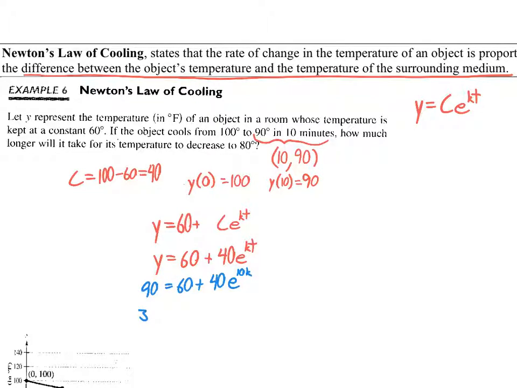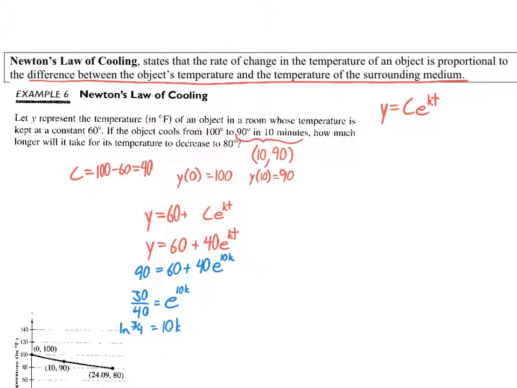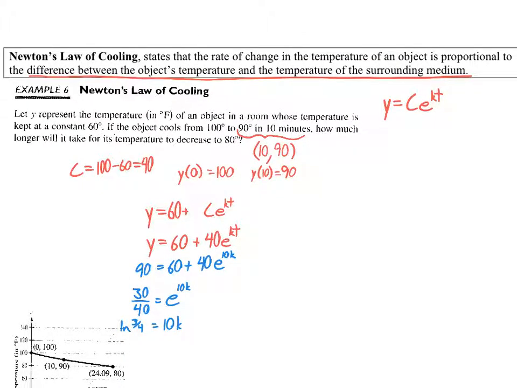So that's going to be 30 over 40. 3/4 equals e to the 10k. So I have ln of 3/4 equals 10k. And that means I have ln of 3/4 over 10 equal to k.